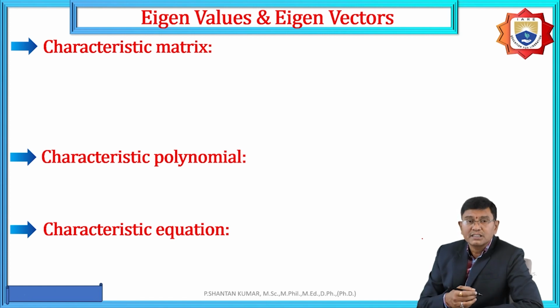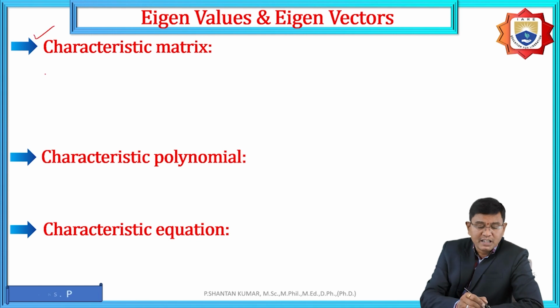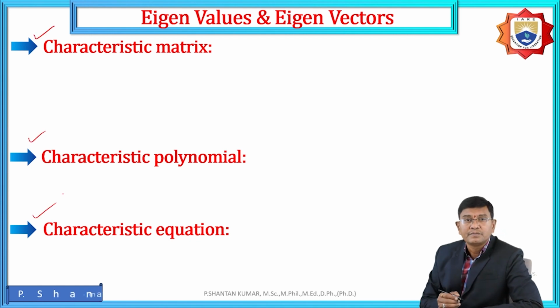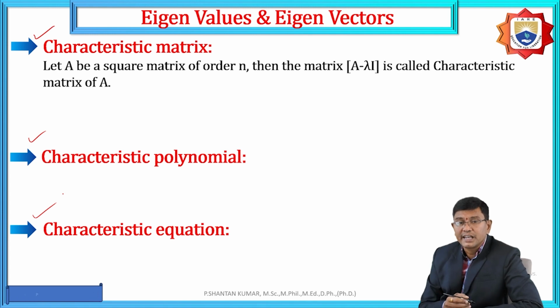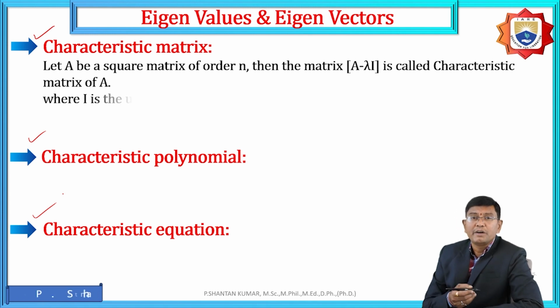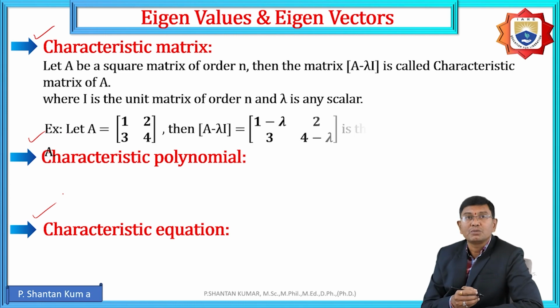Now we'll discuss an example with a simple 2 by 2 matrix, which is easy to understand, for the characteristic matrix, characteristic polynomial, and characteristic equation. Let A be any square matrix, here a 2 by 2 matrix: 1, 2, 3, 4.